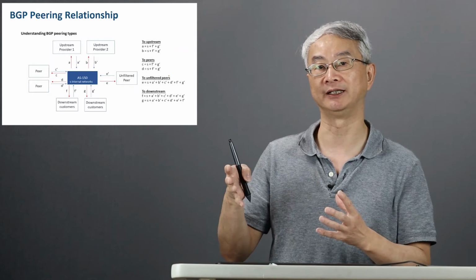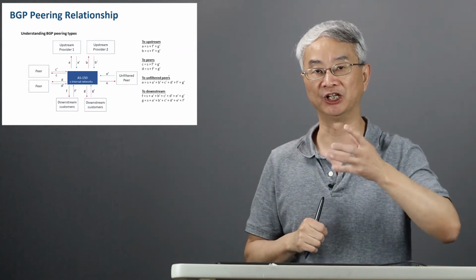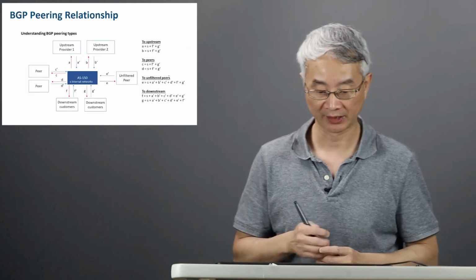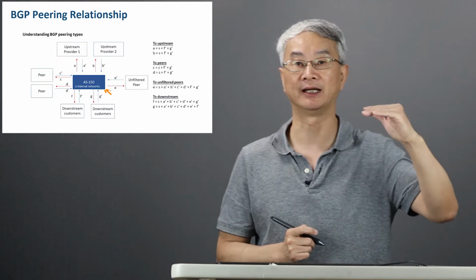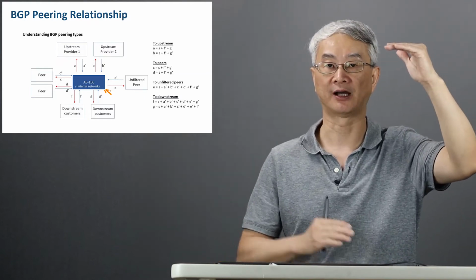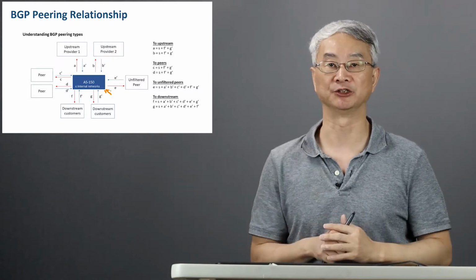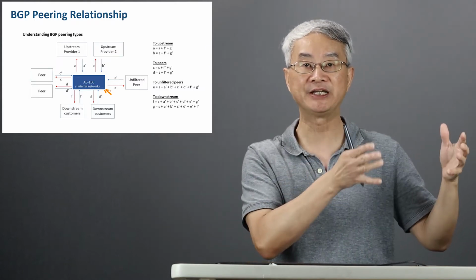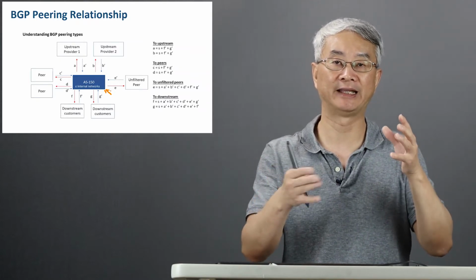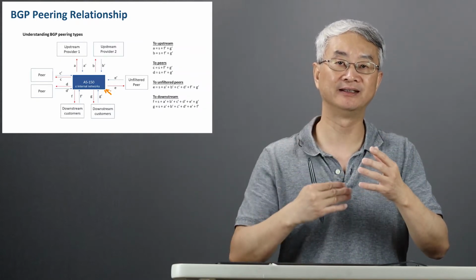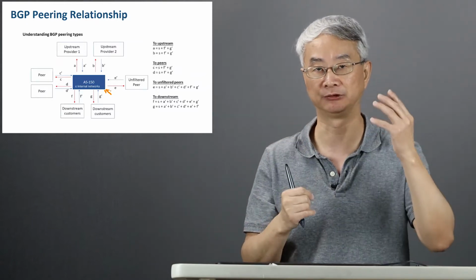We're trying to emulate what is actually in the real world, and some of the relationships are captured in this picture. Here, I'm AS150, and I do have a provider. These are my upstream. I do have a customer, and this is my downstream. I do have my peer, and this shows how they announce the routes to their peers or to their providers.